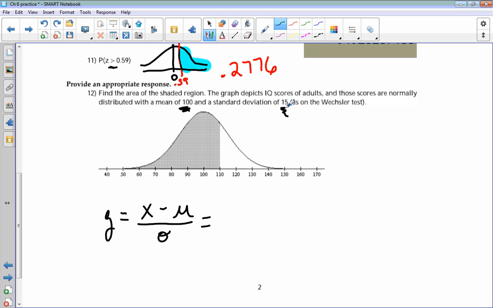Well, I want the z-score for 110. So I'm going to write 110, that's my x, minus mu, we know that mu is 100, and we're going to divide that by the standard deviation of 15. And we do that math and we find that z is 0.67.